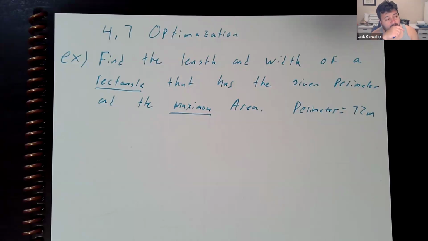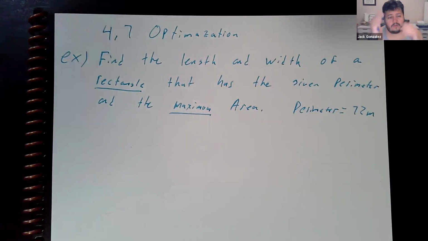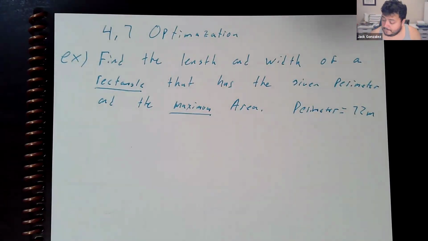So if you don't know your formulas, I would print out or write down all the geometry formulas like area of a square, rectangle, sphere, volume, whatever, all that stuff, because you're gonna need it.